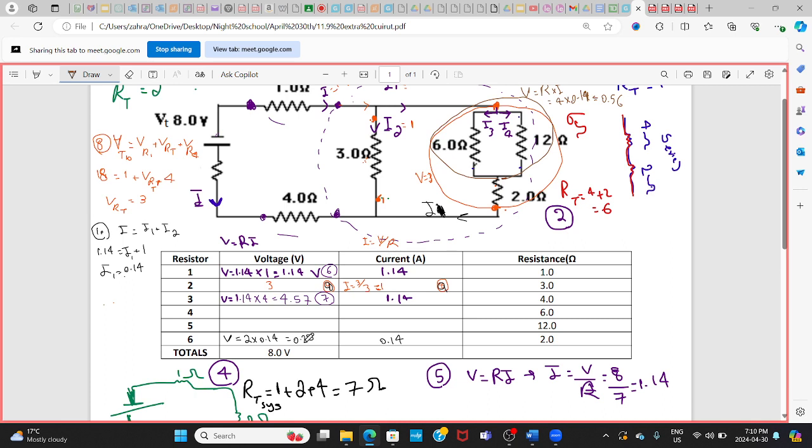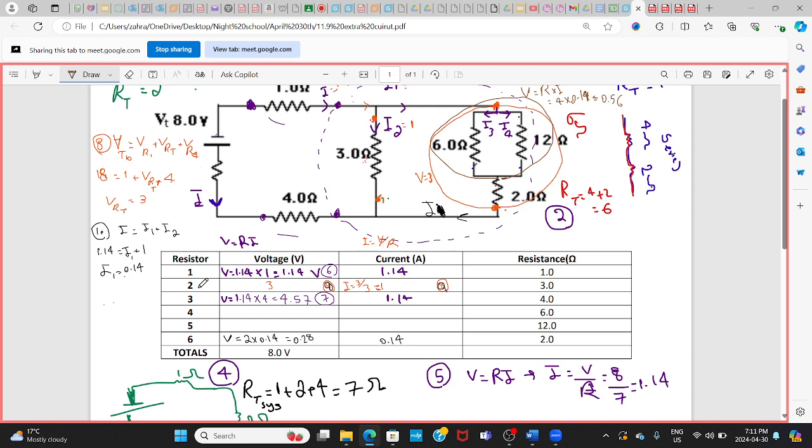Basically the row for resistor 2, where you have the step.